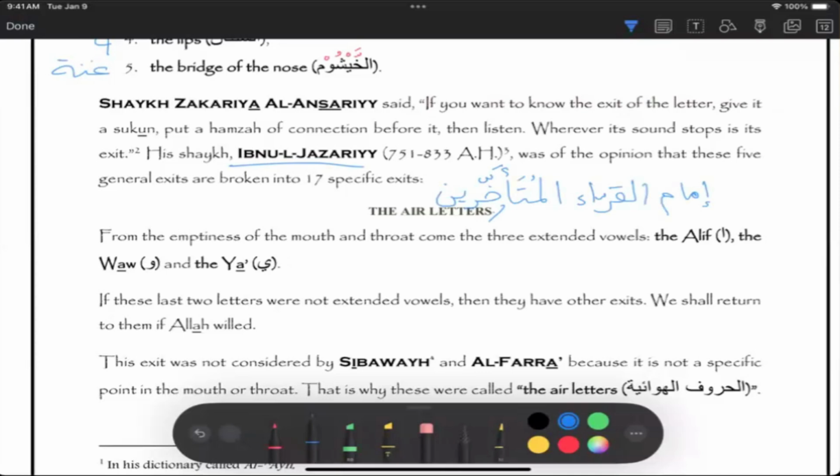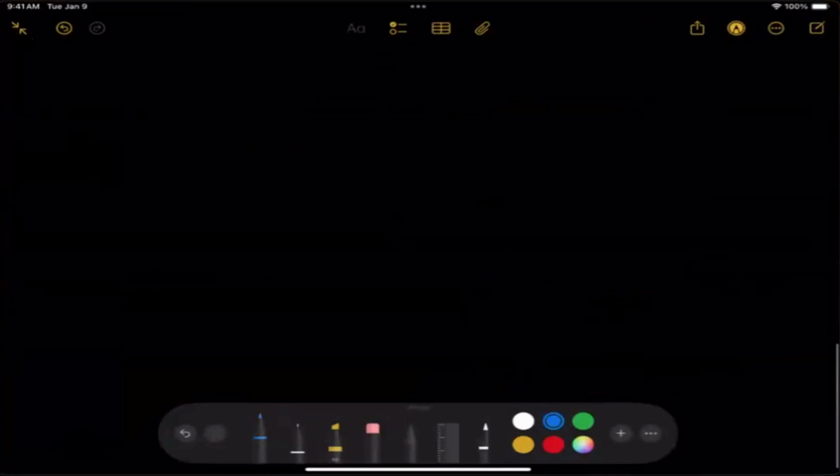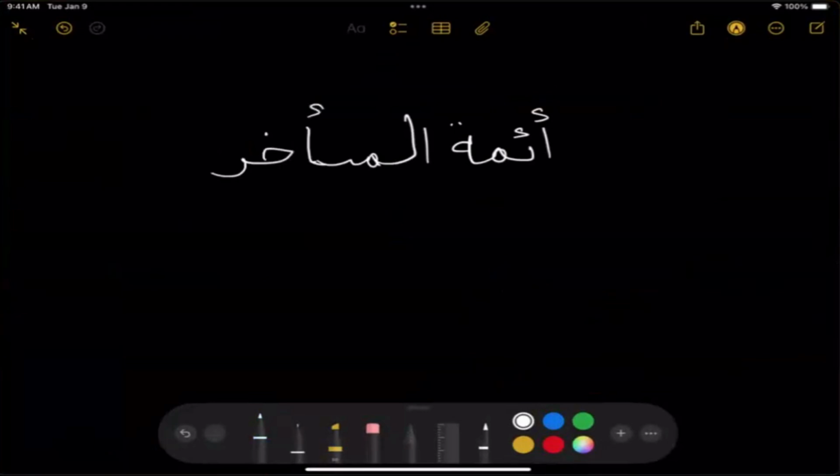Similar to him, for your information, here are some of the A'immatul Mutaakhirin, the Imams of the latter-day ones.